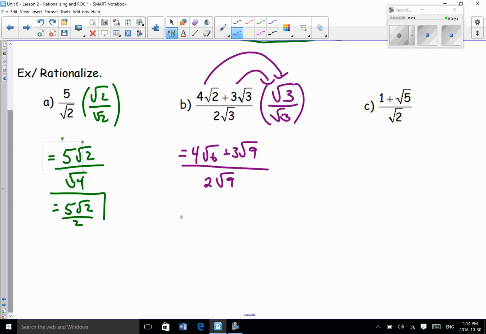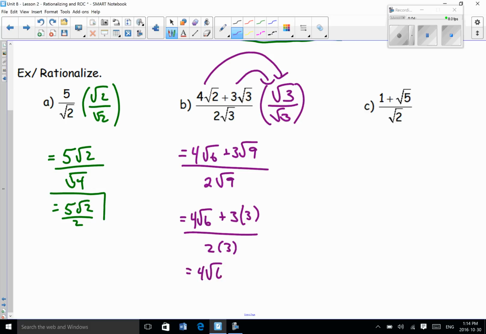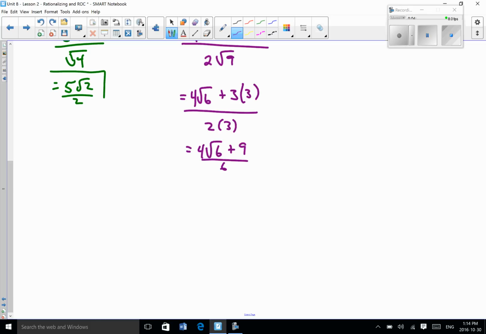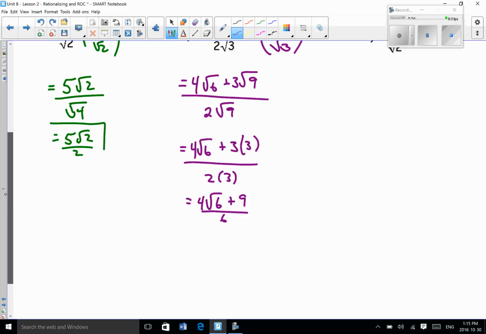Now the nice thing is the root 9s we know we can break down, so 4 root 6 plus 3, remember it's multiplying, so 3 times 3, and 2 times 3. So we get 4 root 6 plus 9 all over 6, and that's about as far as you can go with that, because there's no common factor on the top, nothing you divide 4 and 9 by, you can't simplify it anymore.